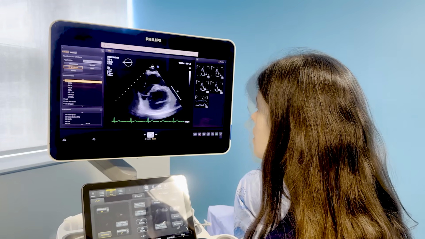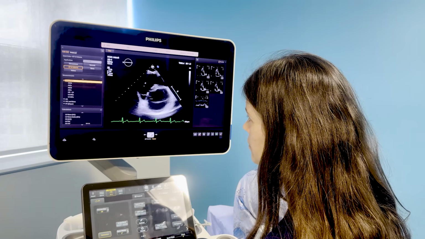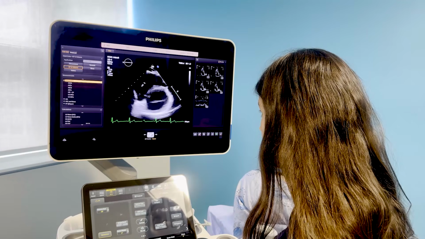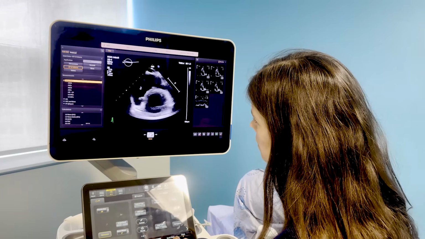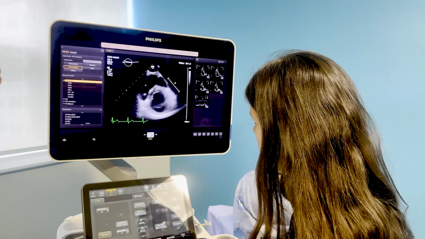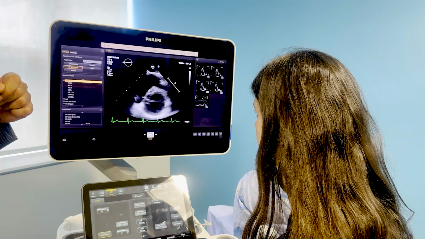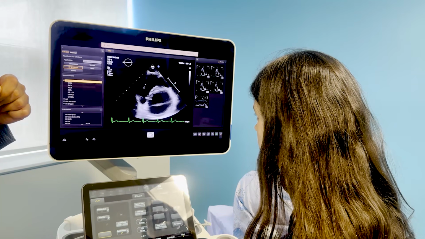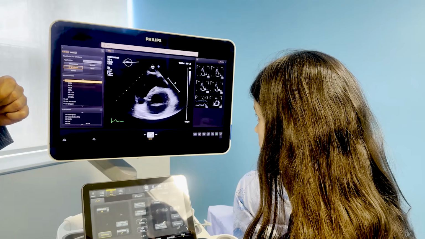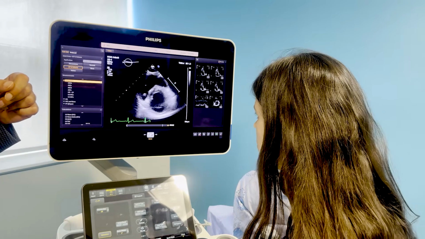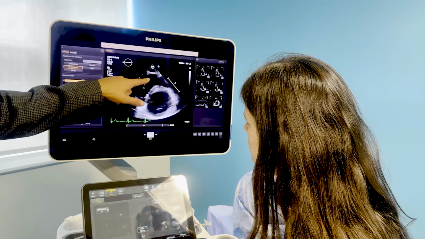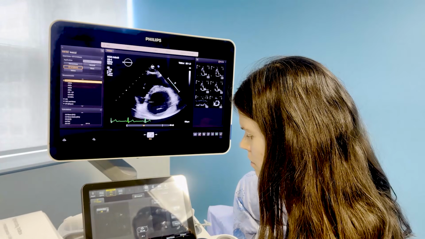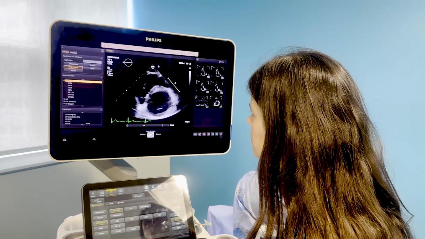Right. So the guidelines mention the sphericity index and the eccentricity index, which are two different things, but similar principles. With the eccentricity index, we're measuring the major and minor diameter of the right ventricle.